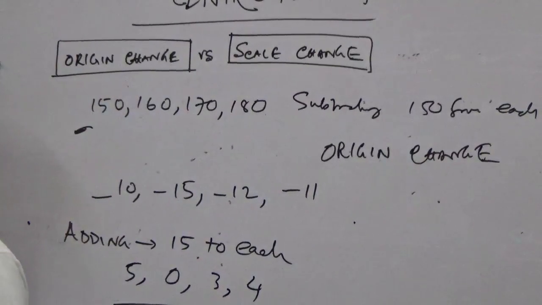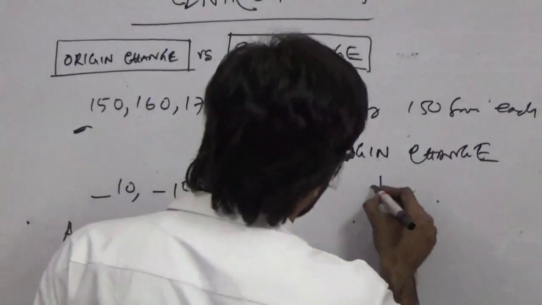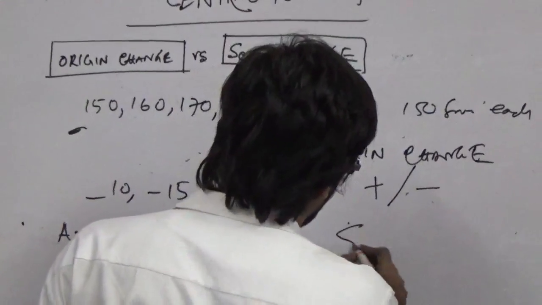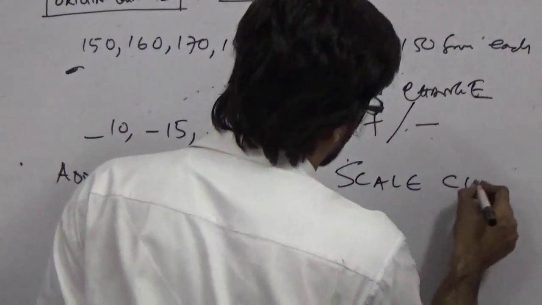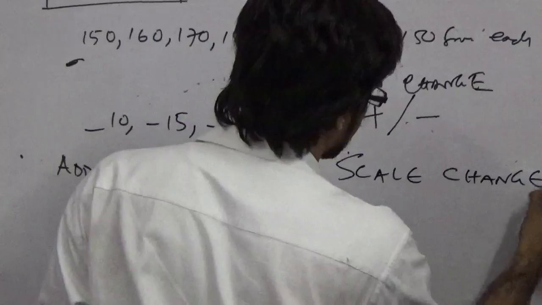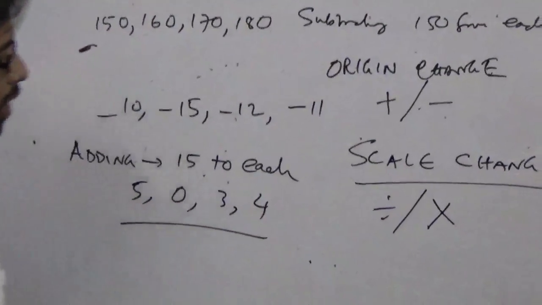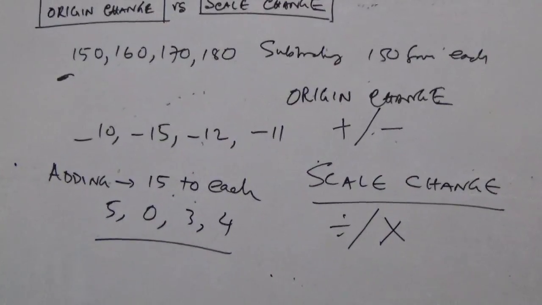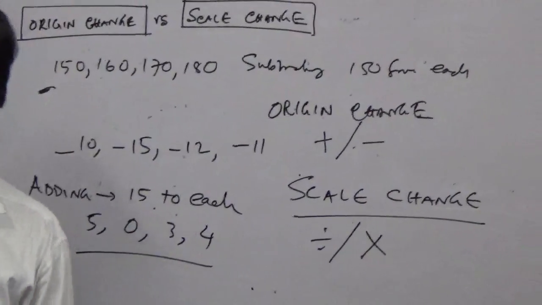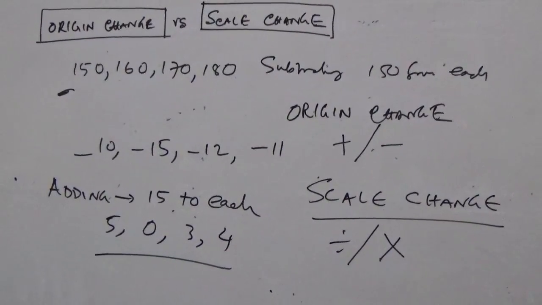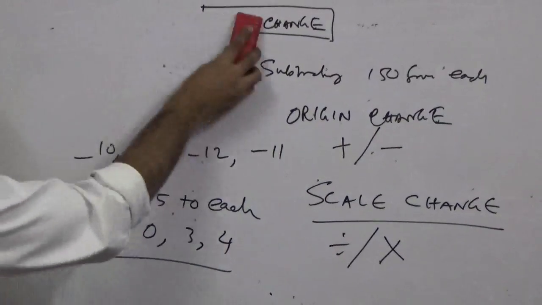So adding and subtracting is called origin change. Origin means plus or minus, and scale change means, in order to make the value small, divide or multiply. These are the two operations called origin change and scale change in grouped data. So now we are proceeding to the next part.